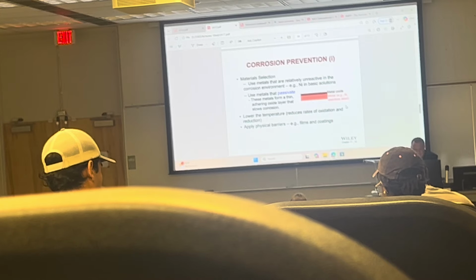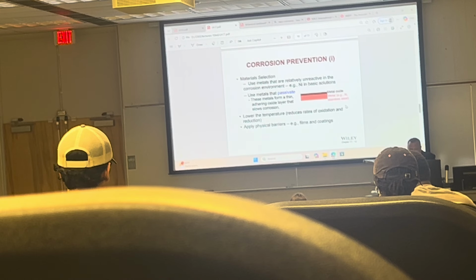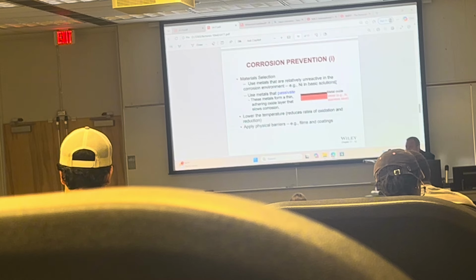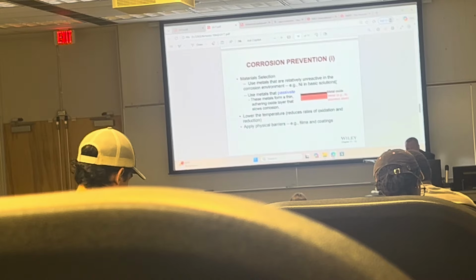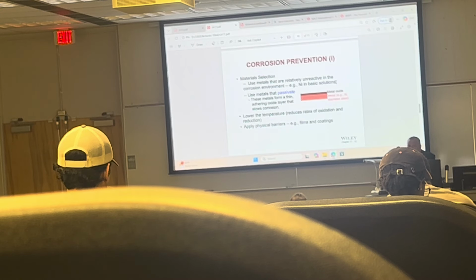There's passivation. Or use a material that's unreactive in a specific environment, but you need to know what the environment is. The problem with that is, if you change the environment, if it becomes acidic versus basic versus neutral, it can cause a problem.